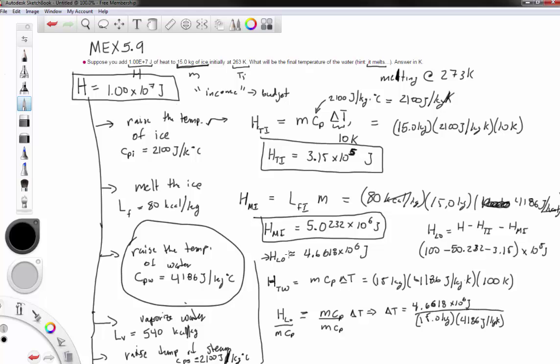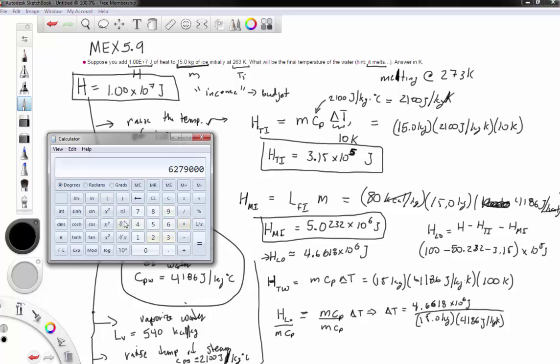All right, so what does that look like when we put it into the calculator? We actually have 4.6618 times 10 to the 6th, which I enter by hitting a 6 and a 10 to the x. Okay, so that is this top number, the numerator.